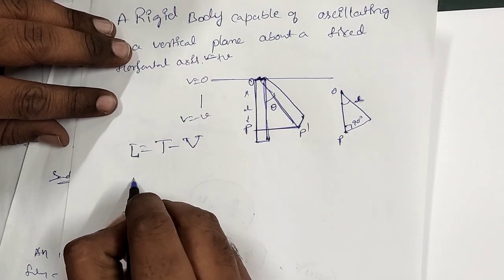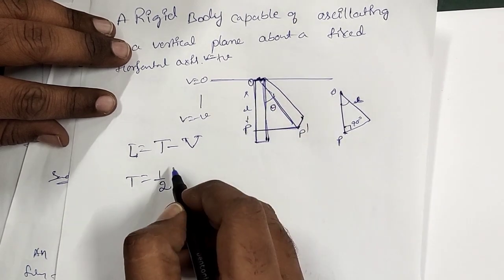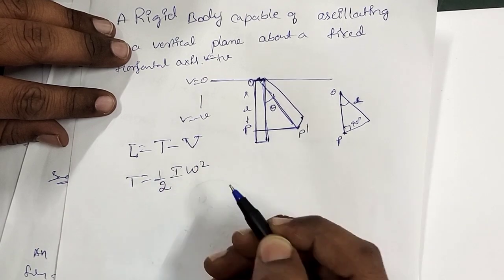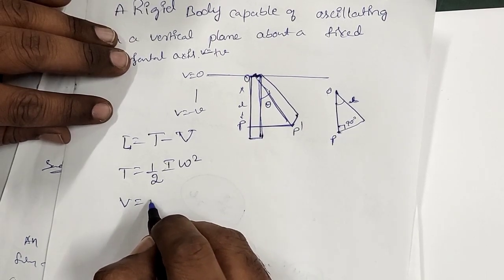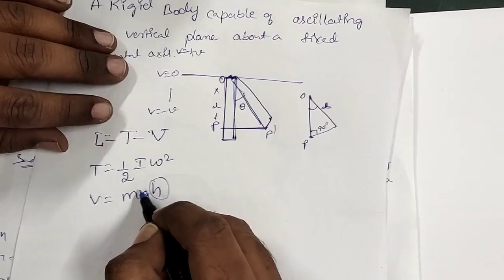Kinetic energy for a rigid body is half I omega square, and potential energy V has the general expression mgh. Here we have to calculate the height.